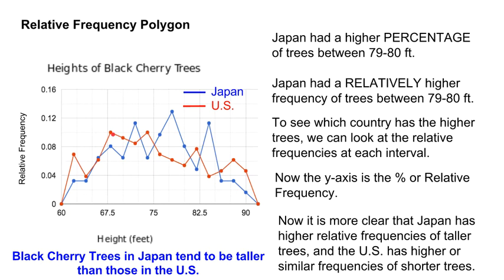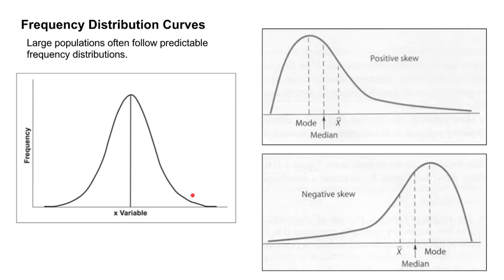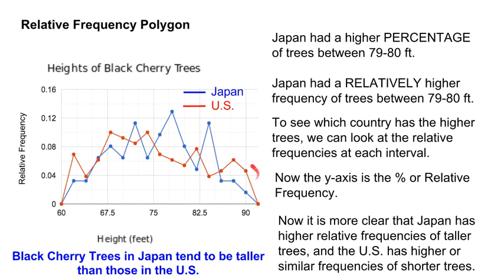And the US has higher for the lower intervals. So the US had higher frequency for short trees. Japan had higher frequency for tall trees. Although over here things get a little trickier, right? Because the really tall trees tended to be more in the US, although these numbers are very, very close.